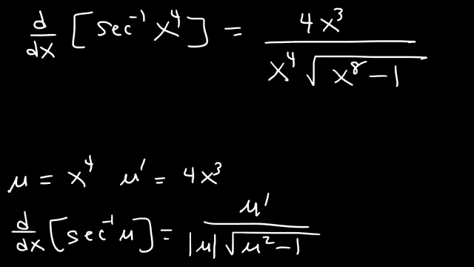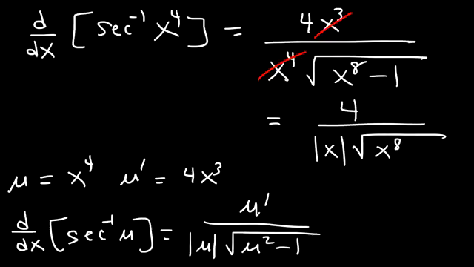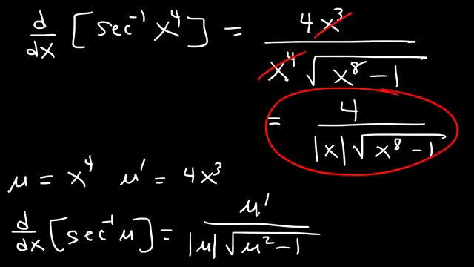Now we could simplify this expression. We could cancel 3 of the 4 x variables, leaving 1 in the denominator. So this is going to be 4, and this time I'm going to put back the absolute value symbol. So 4 over x times the square root of x to the 8 minus 1. And so that's the derivative of arcsecant x to the 4th power.